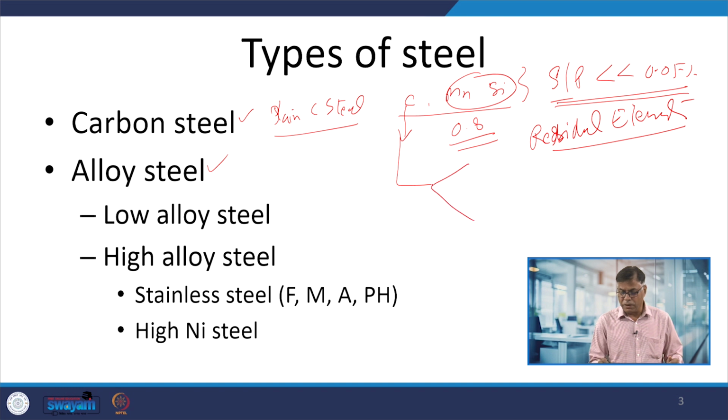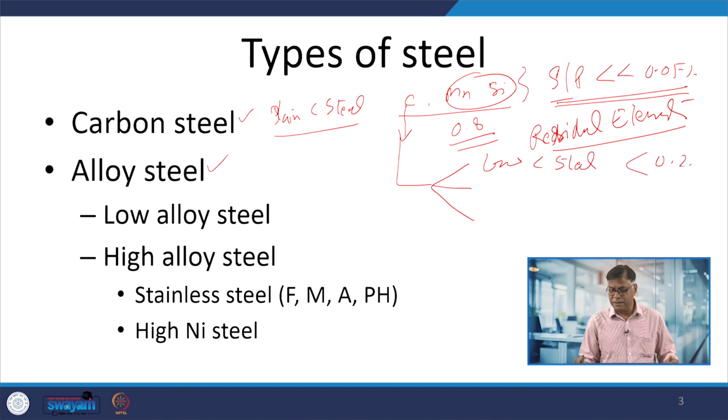There are three broad categories of the plain carbon steel. You can say a low carbon steel having the carbon content less than 0.25%, medium carbon steel having the carbon content in the band of 0.25 to say 0.5%, and the high carbon steel.